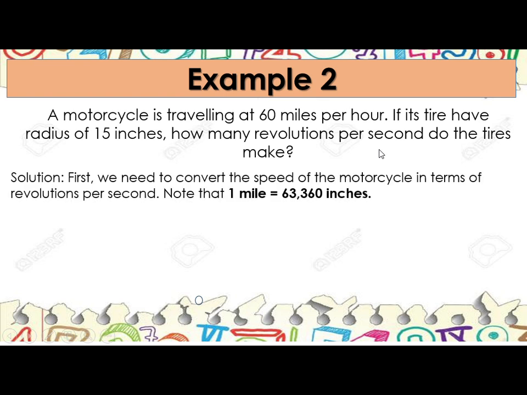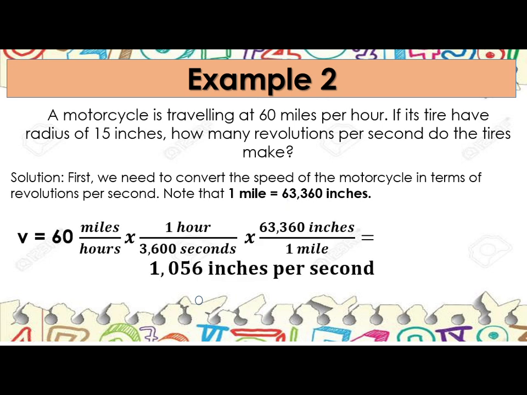For the first step, for the solution, we need to convert the speed of the motorcycle in terms of revolutions per second, and always remember that 1 mile is actually equal to 63,360 inches. You have to take note of that. 1 mile is equal to 63,360 inches.